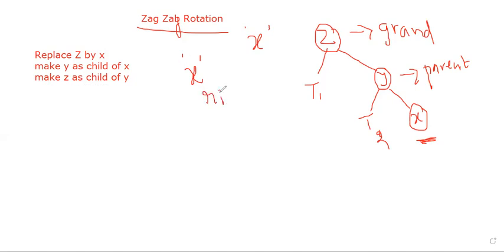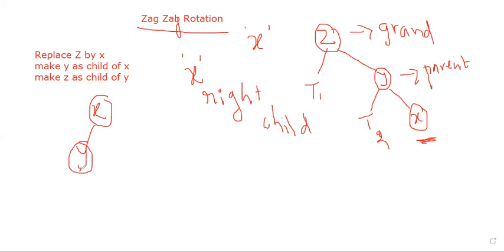So in the zigzag rotation, x is the root, then y is the child of x, and z is the child of y.